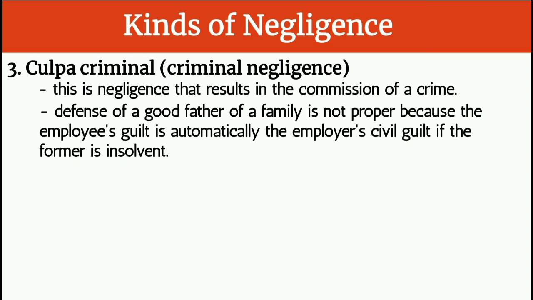Meaning to say, kapag insolvent ang employee, automatically yung employee's guilt ay employer's civil guilt. That's why the defense of a good father of a family is not a proper defense of the employer.